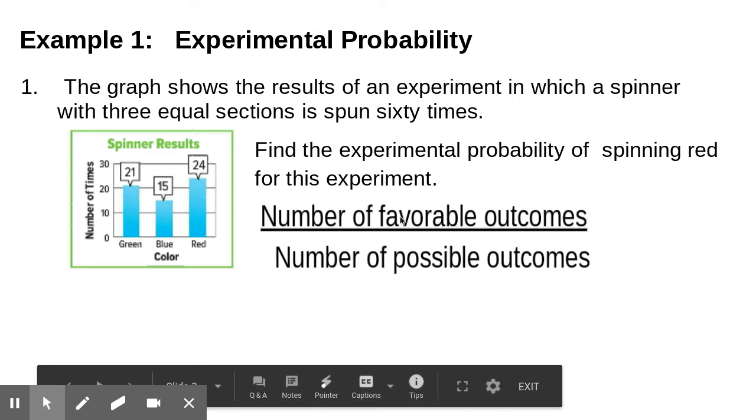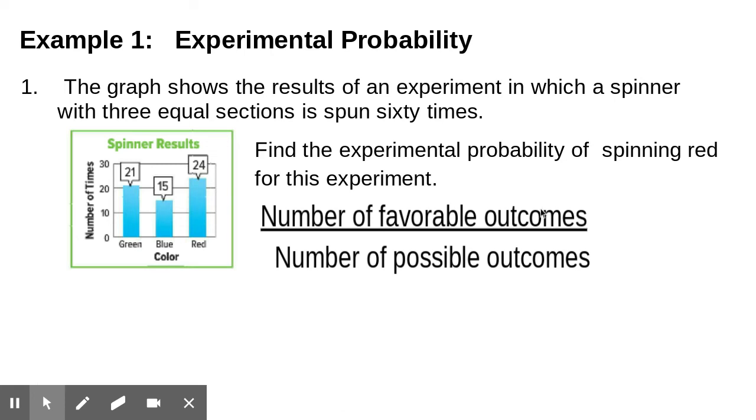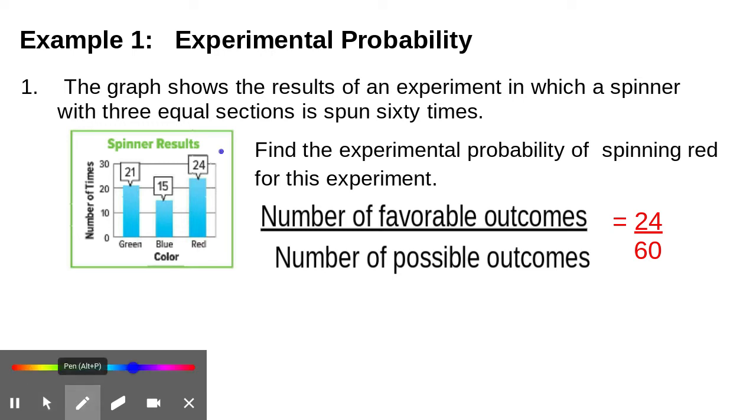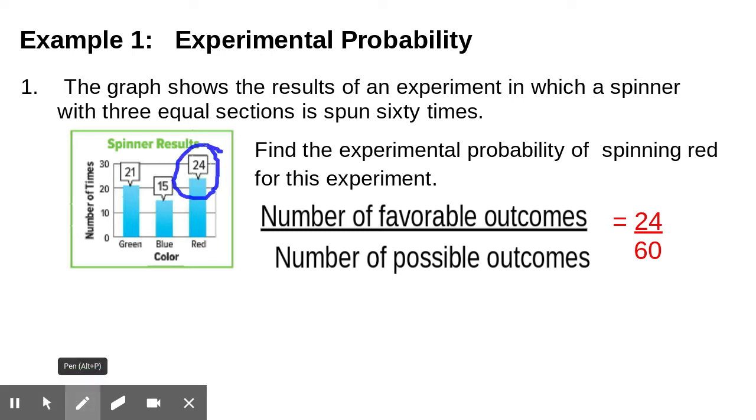So remember, the number of favorable outcomes is what goes on top, and the number of possible outcomes is what goes on the bottom. So again, the probability of spinning red, I have 24 red spins out of the total of 60. Where did I get 60?